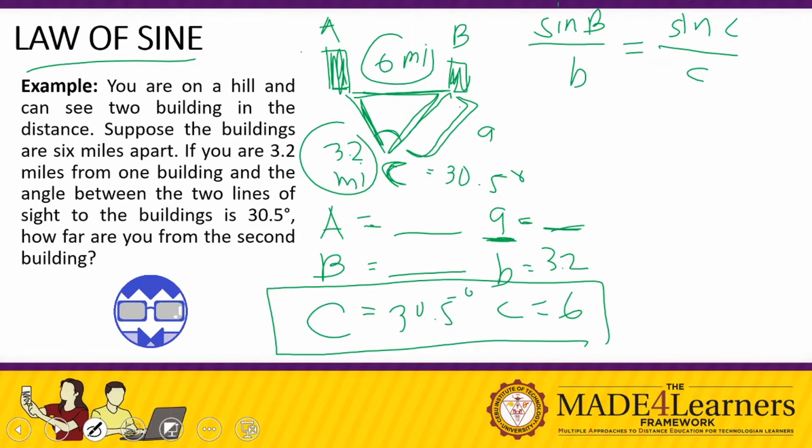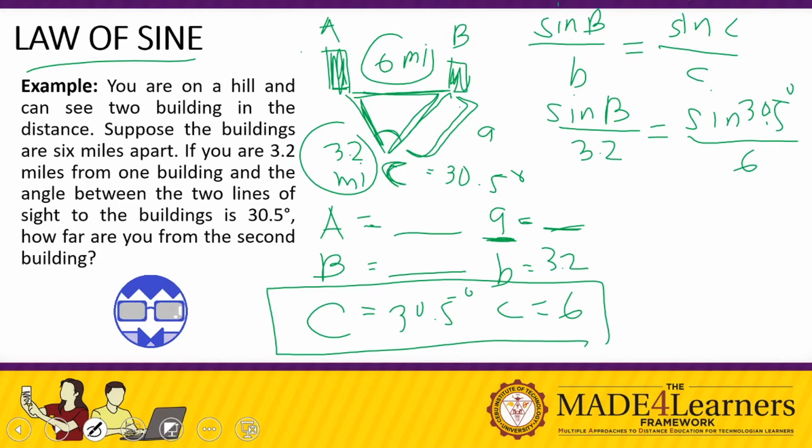Using substitution, this will give us sine B over 3.2 equals sine of 30.5 degrees over 6.